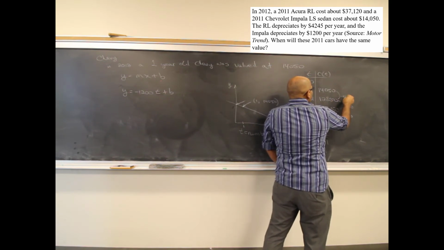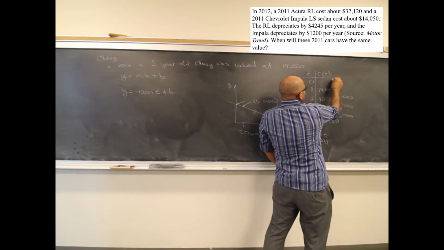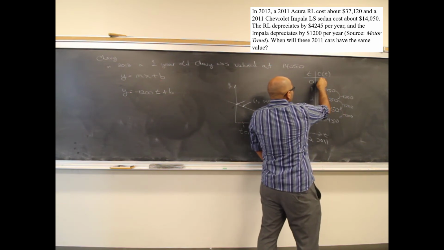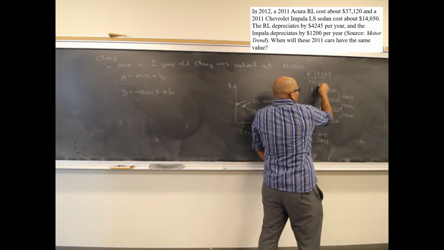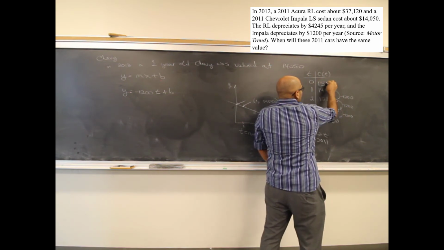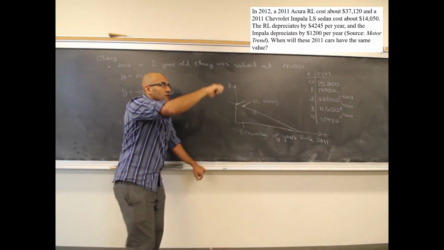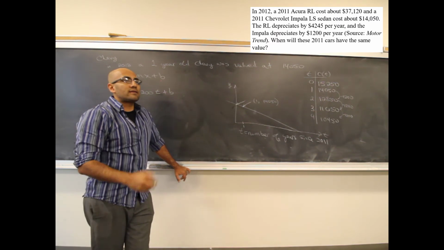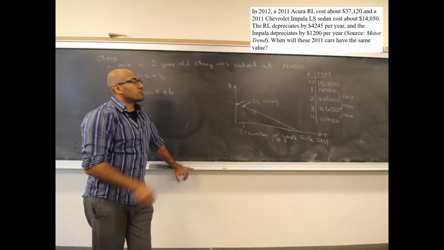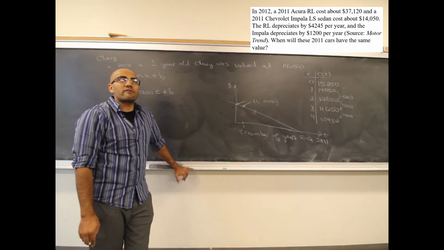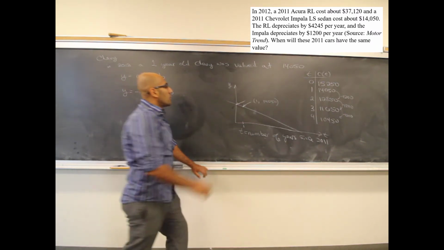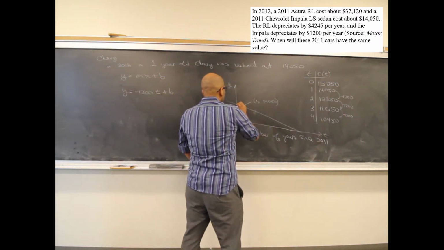So I can use that idea to go backwards and realize that this thing brand new was 15,250, right? Because it keeps losing $1,200 every year, and this is a 1-year-old car, so it must have been $15,250 brand new.